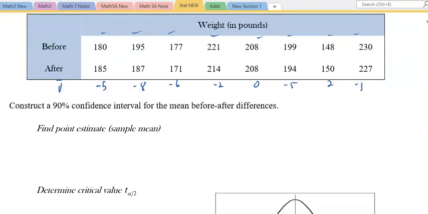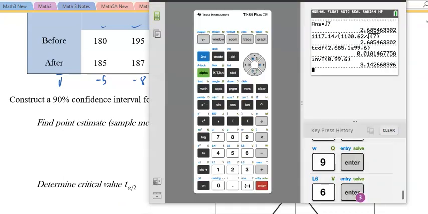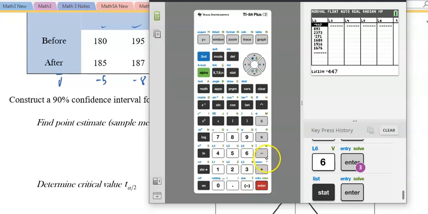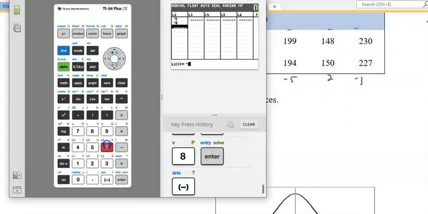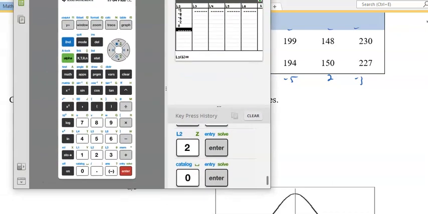Now, if I am to go ahead and let me clear that. Okay, good. So if I was to go ahead and input a -5, a -8, -6, and -2, 0, -5, a 2, and a -3.